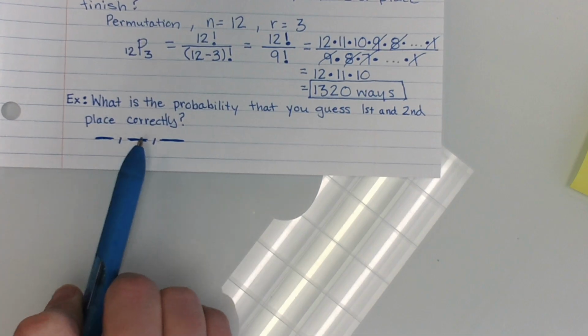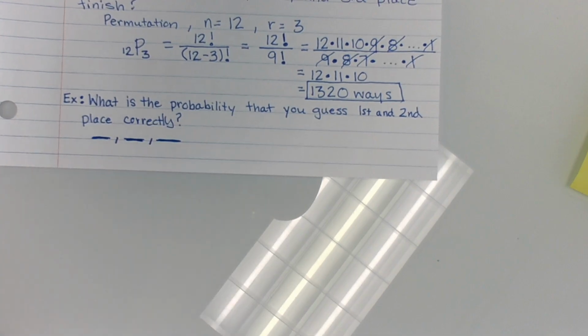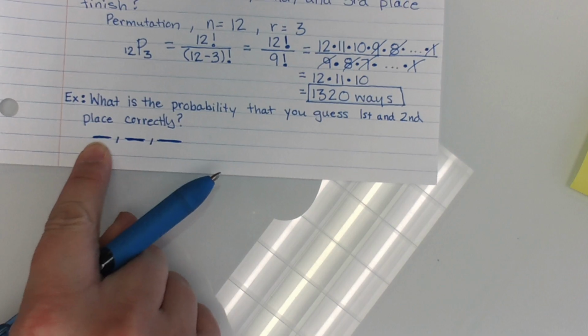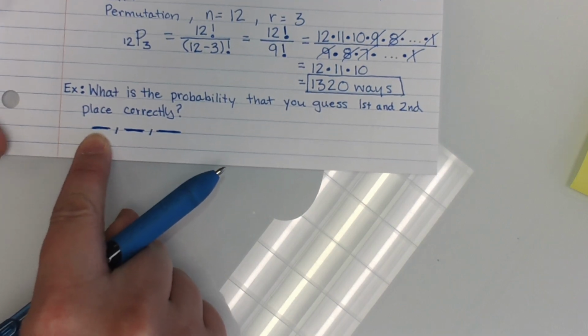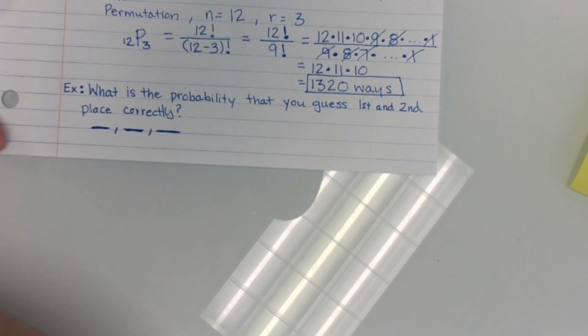This is where having slots to fill helps out, because you can figure out how many different ways to do for the different things separately. How many different ways can you guess first place correctly? How many horses win first place? 1.